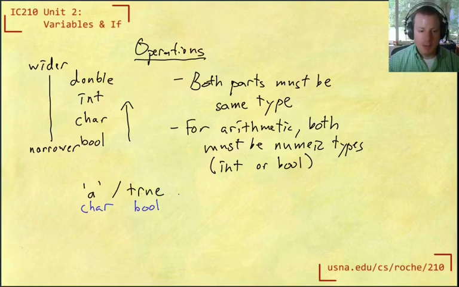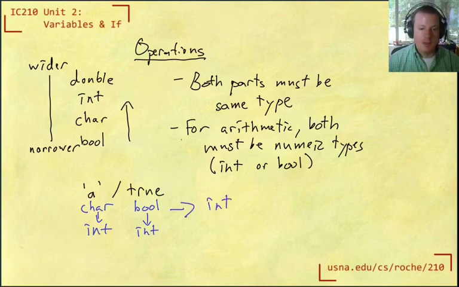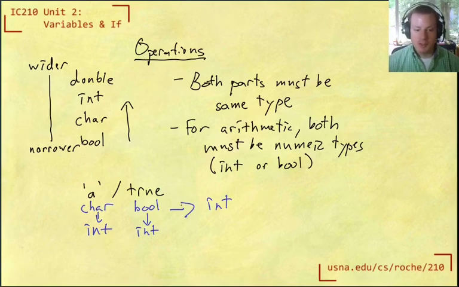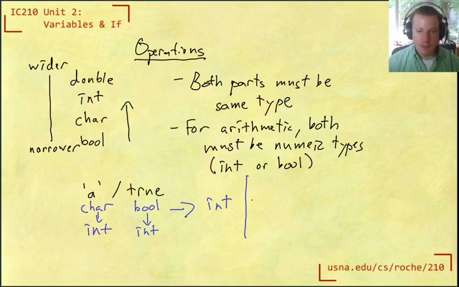So what's going to happen is that they get cast up to an int. This char will get transferred to an int, and this bool will become an int as well. And so the result of that division will be another int. In fact, whenever you do any arithmetic on chars and bools or ints, the result is always going to be an int.